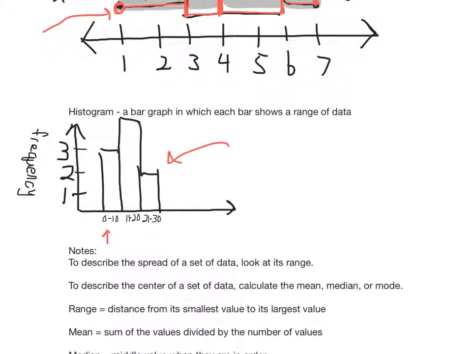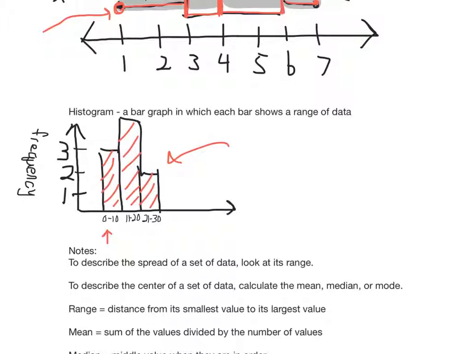So maybe this is the ages of people at a family reunion, and there are 3 people from ages 0 to 10, 4 people from ages 11 to 20, and 2 people from ages 21 to 30. That's not very realistic because family reunions usually have only old people at them. We all know that. But I'm just trying to make up a situation, so bear with me. So a histogram looks like a bar graph, except there are ranges instead of single numbers representing the bars.